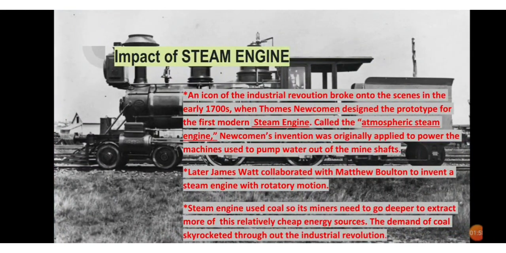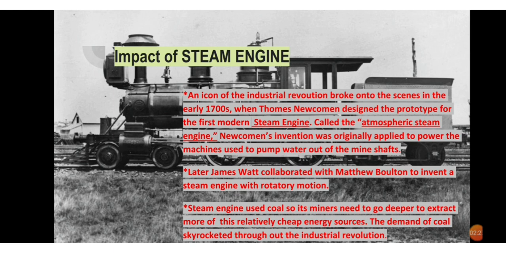Impact of the steam engine in the revolution. An icon of the Industrial Revolution broke onto the scene in the early 1700s when Thomas Newcomen designed the prototype for the first modern steam engine, called the atmospheric steam engine. Newcomen's invention was originally applied to power the machines used to pump water out of mine shafts.